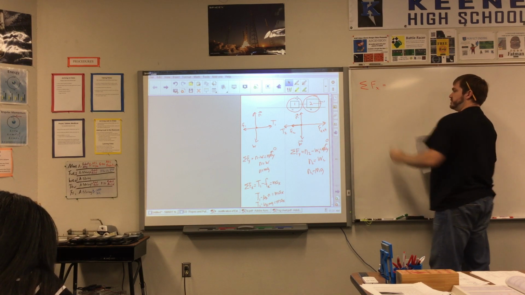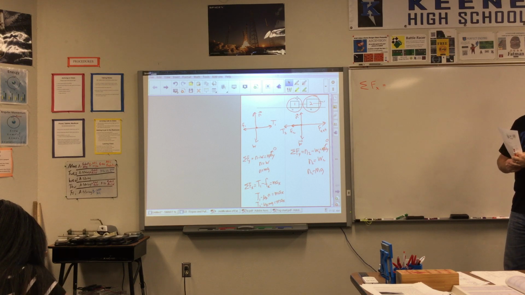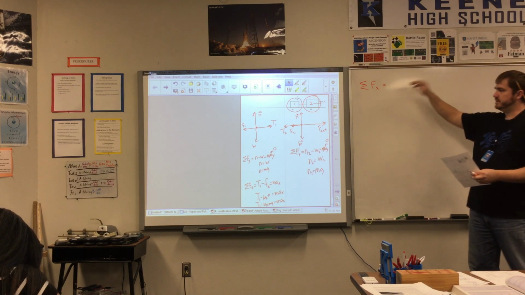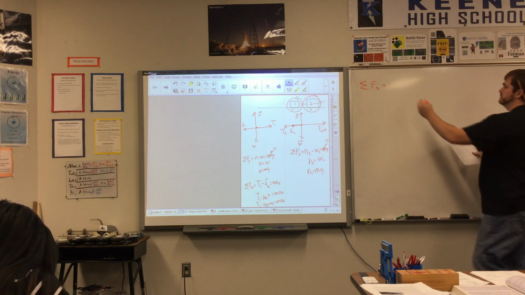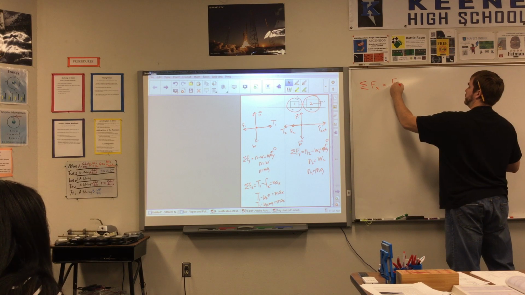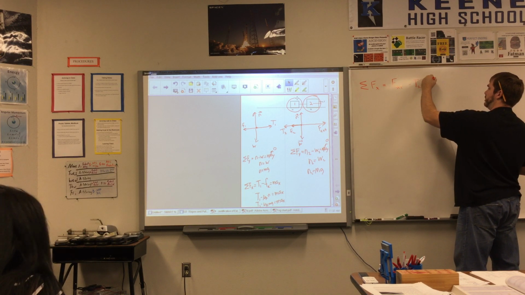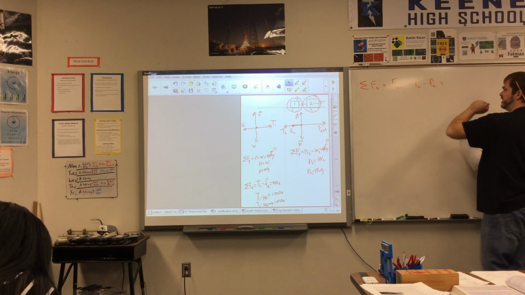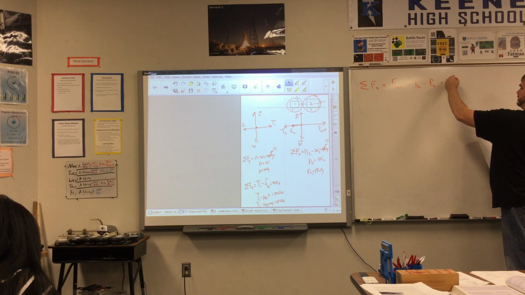Summation of forces in the x direction. Now, this is going to be pretty large here. That'll get us started. Give us some values here for the summation of forces in the x direction. Force external minus tension 2 minus friction 2 equals mass times acceleration in the x direction.